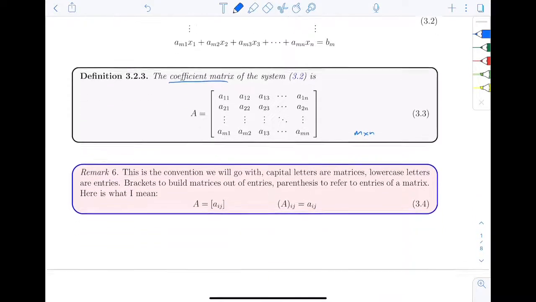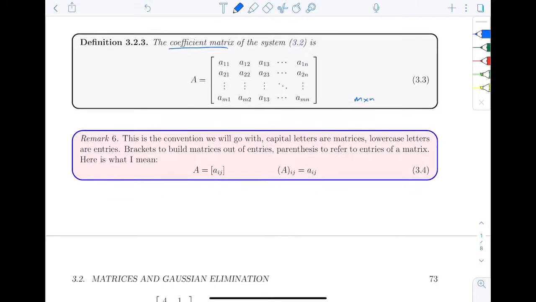I have a couple of notational points to make. If you want to build up a matrix out of entries, you use this notation: A equals (aij), a variable thing in place with i being the rows and j being the columns. If you'd like to refer back to the entries of a matrix, you put the matrix A in parentheses with an ij, which refers to the element of A in the ijth spot.